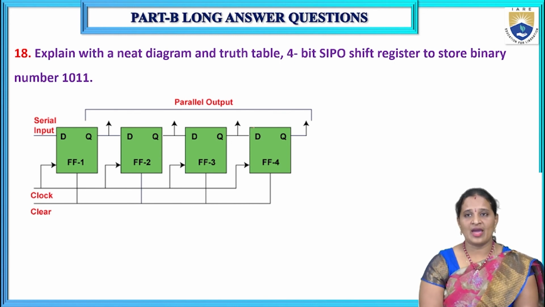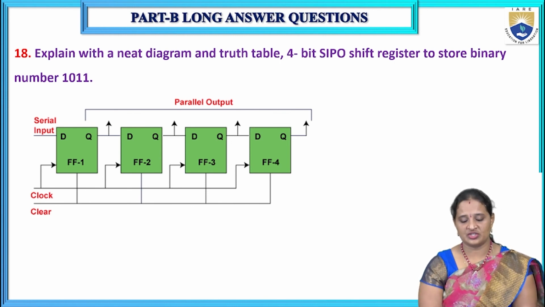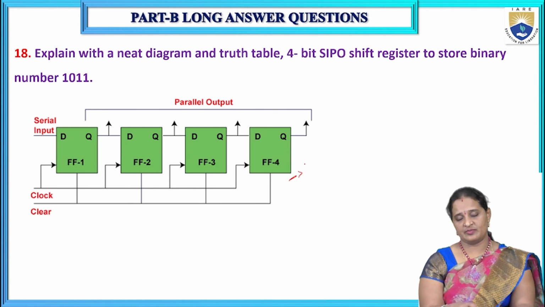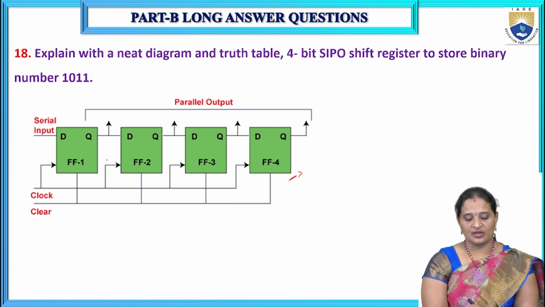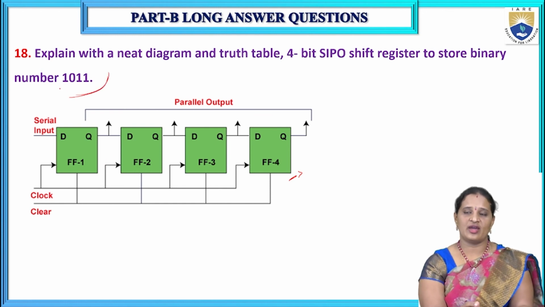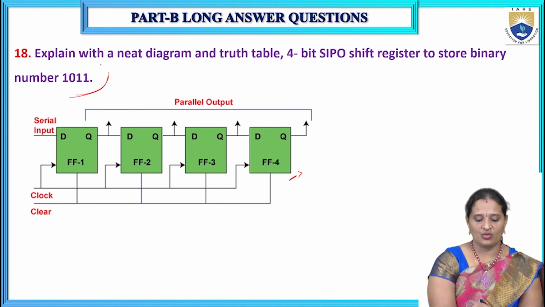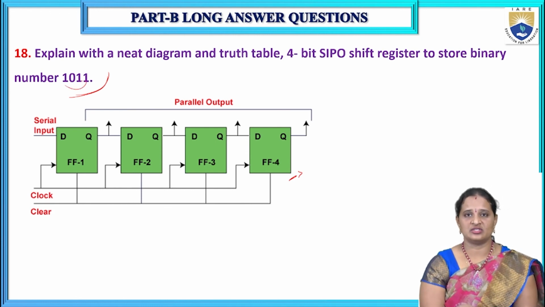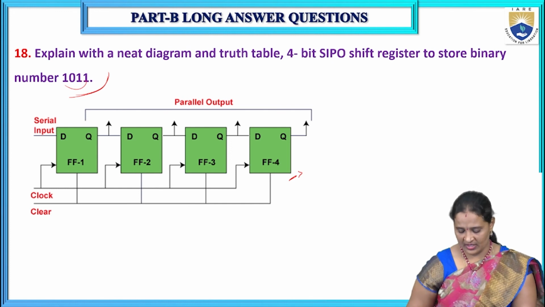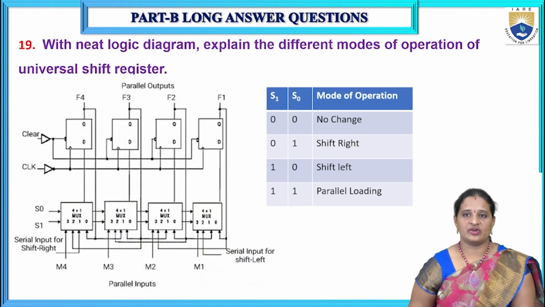So you draw the serial in parallel out shift register logic circuit like this, give its truth table and explain a few points, and in order to store this, how many clock pulses are required, that you have to mention. So for each and every clock I want to load this, what is happening in the register, you just write on that. That is how you can answer this question.